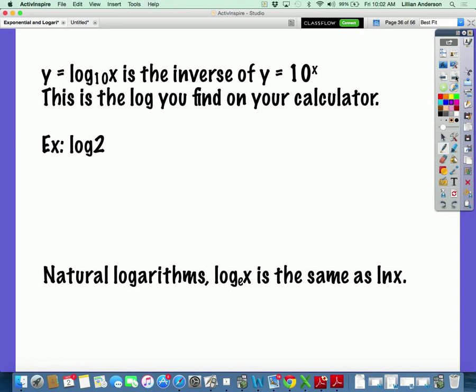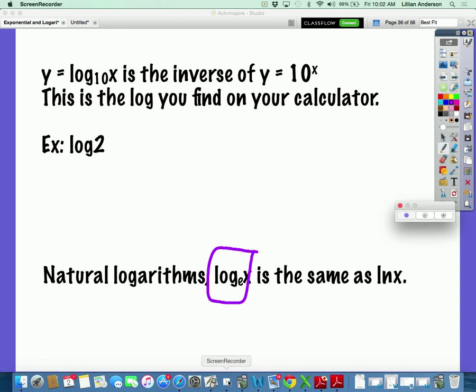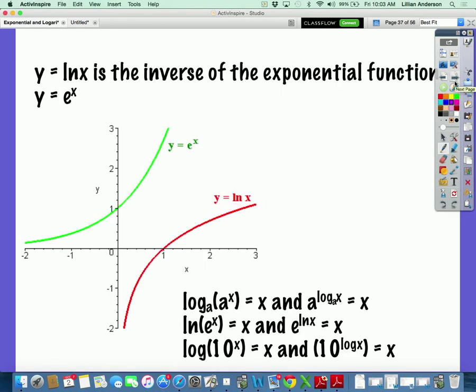Also, natural logs are logs that are written with the base of e. Okay? Don't forget about those. That's the ln of x. Lastly, ln of x is the inverse of the exponential function e to the x.